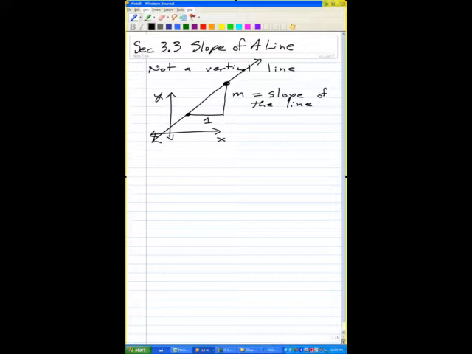If I have to go up to get to a point on the line, I'll make the sign of the slope be positive. If I have to go down to get to a point on the line, I'll change the sign of the slope and make it be negative.